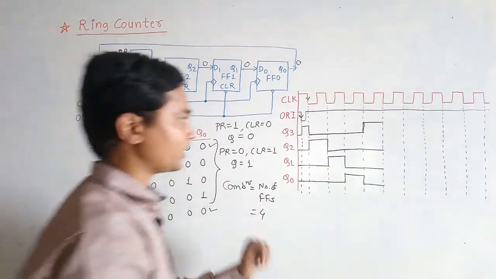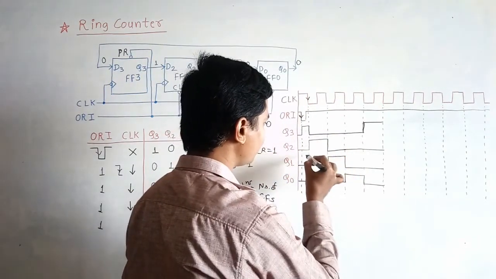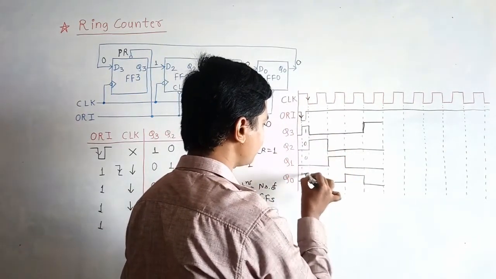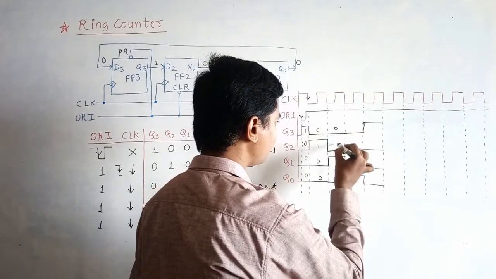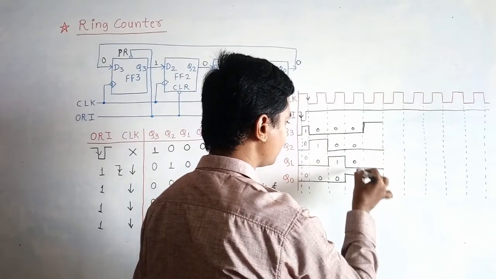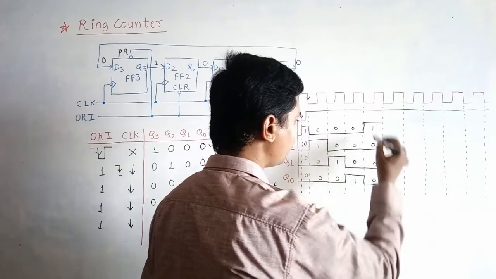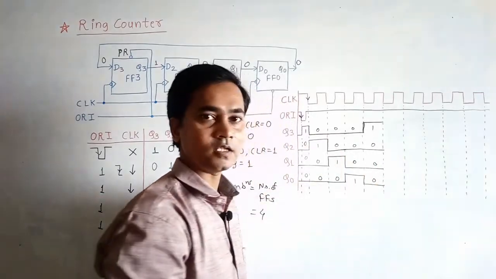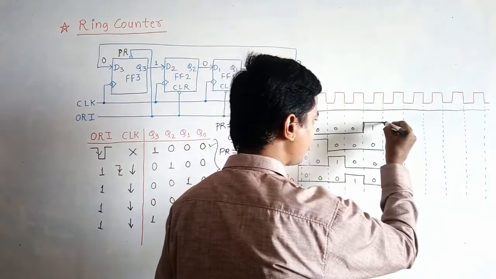Here you can see again this sequence, that means 1 0 0 0, 0 1 0 0, 0 0 1 0, 0 0 0 1, and again 1 0 0 0. So these combinations will keep repeating. If you want to draw, you can draw.